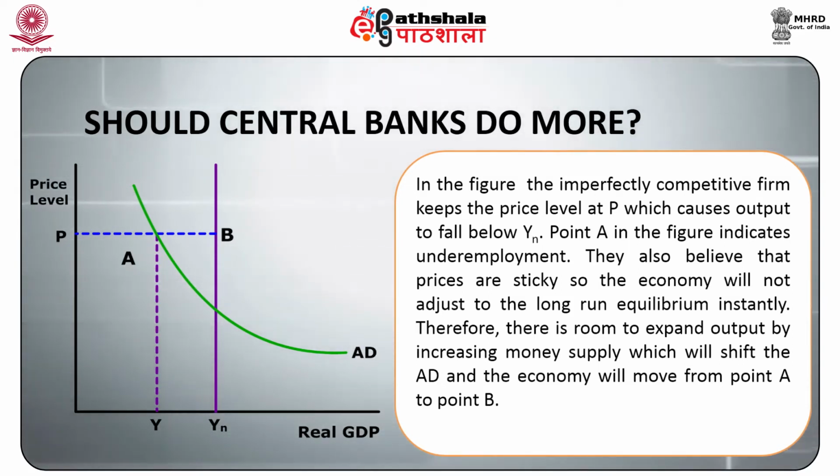Point A in the figure indicates underemployment. They also believe that the prices are sticky, so the economy will not adjust to the long run equilibrium instantly. Therefore, there is room to expand output by increasing the money supply, which will shift the AD and the economy will move from point A to point B.